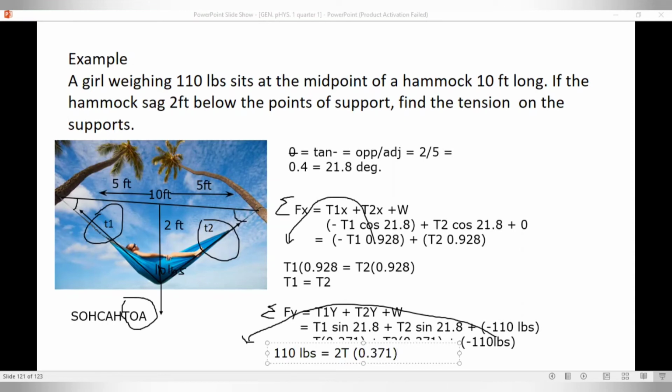And therefore, if we will divide, 110 pounds over 2 is equal to T1 times 0.371.